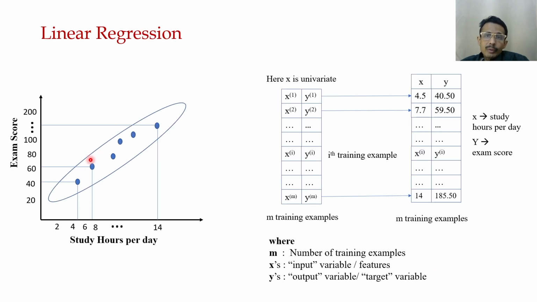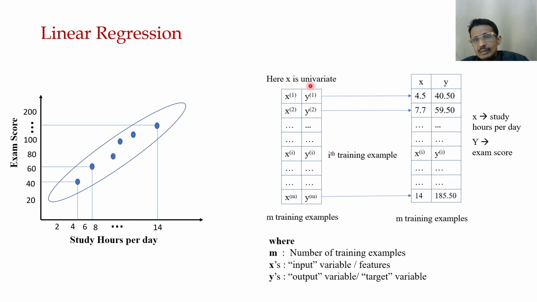Now we are going to understand linear regression. Whatever we have seen in our last few slides, in a regression problem these data points are given. What are the data points? These are annotated or labeled samples, paired samples x and y. This is given as x1, y1, and so on.